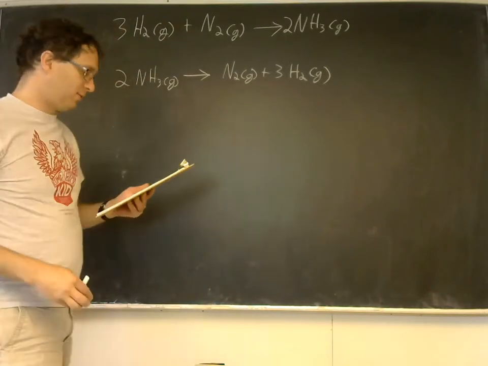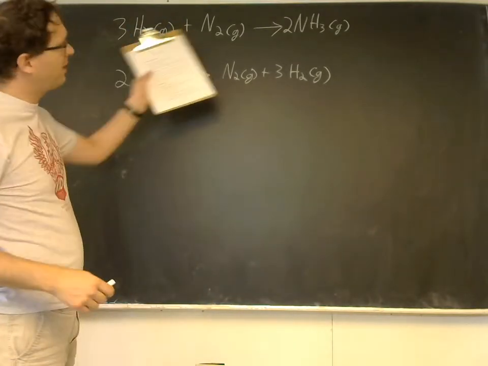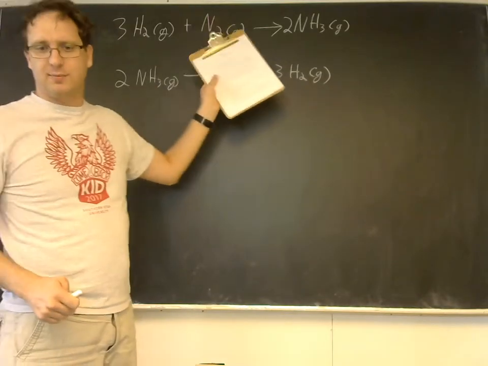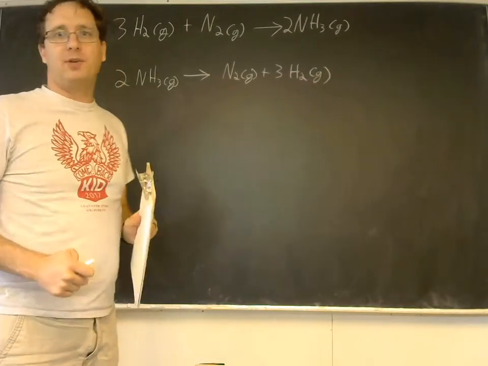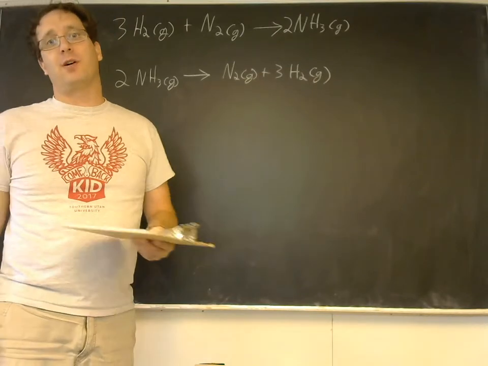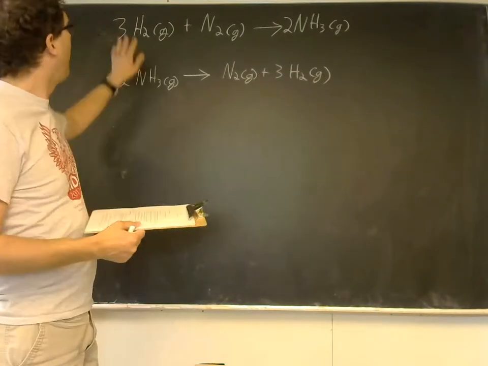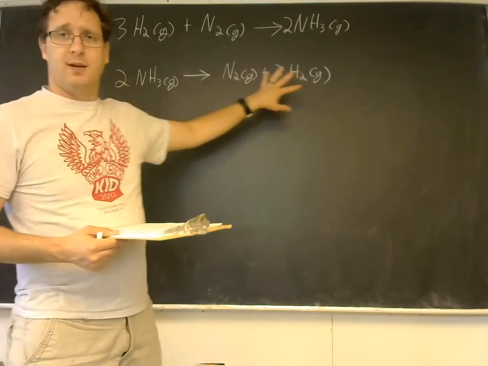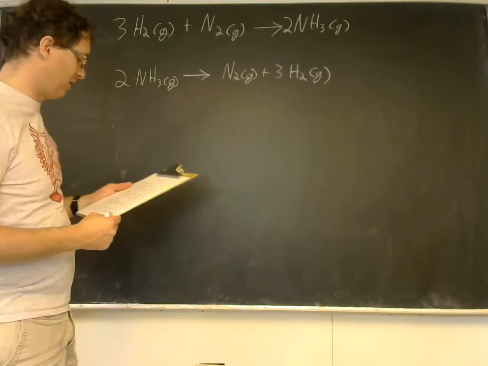And so if we consider a mixture that contains some hydrogen and some nitrogen and some ammonia, then both of these will be occurring simultaneously. Hydrogen and nitrogen will be combining to form ammonia. Ammonia will be decomposing down into nitrogen and hydrogen.